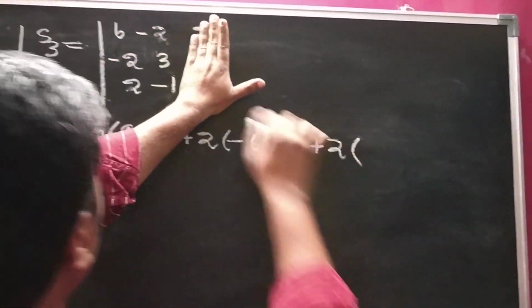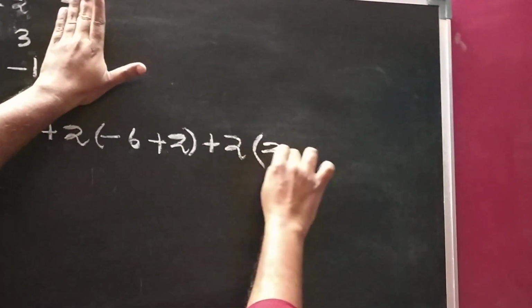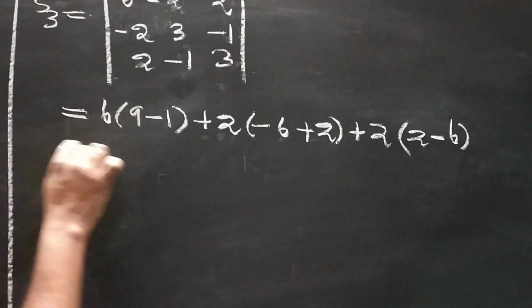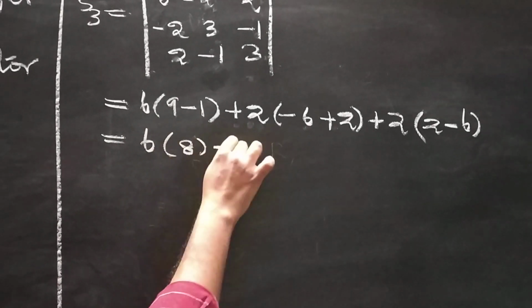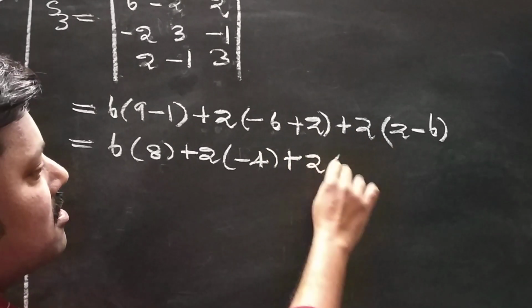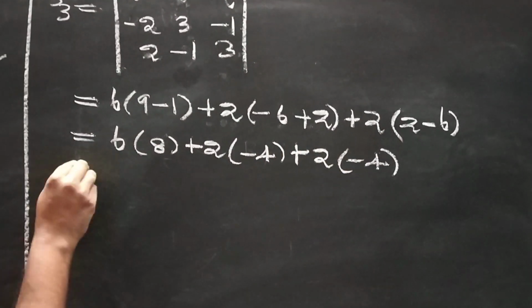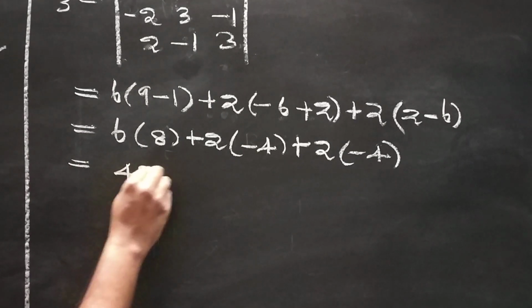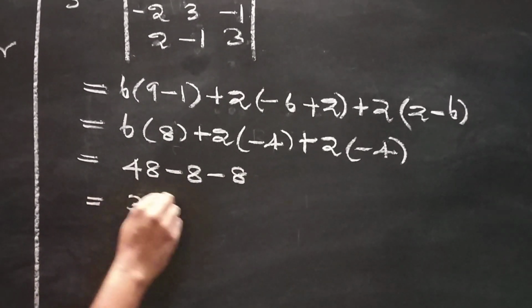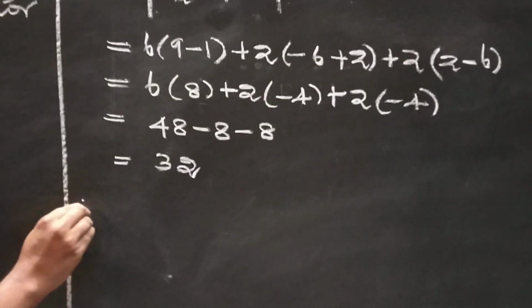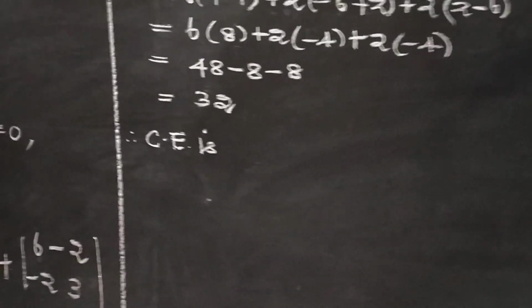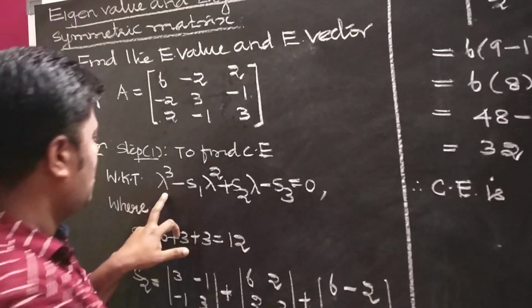Plus 2 into (minus 1 into minus 2 is plus 2, minus 2 into 3 is minus 6), that is minus 4. So 48 minus 8 minus 8, how much? 32.